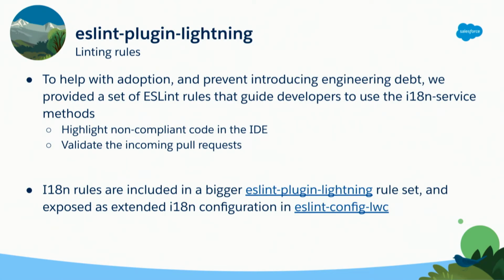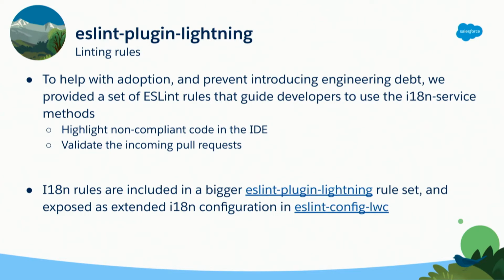As I mentioned before, we also wanted to help with the adoption, and what we thought is the best way to encourage people to do this is to provide some rules that will either highlight incorrect usages, or highlight where they import the library that we don't want to use.